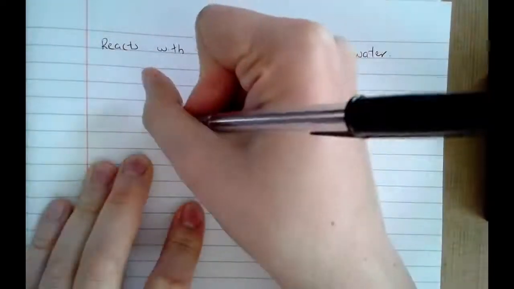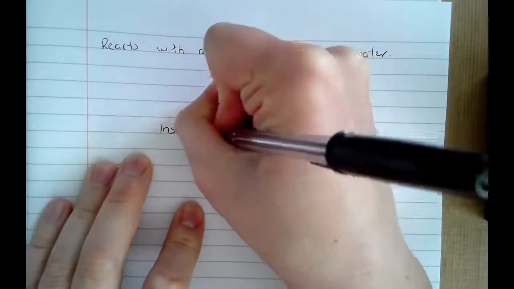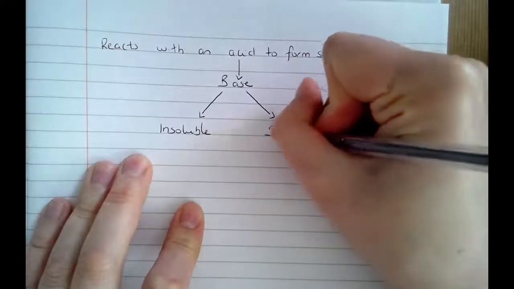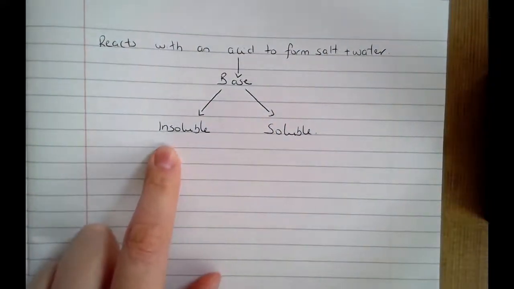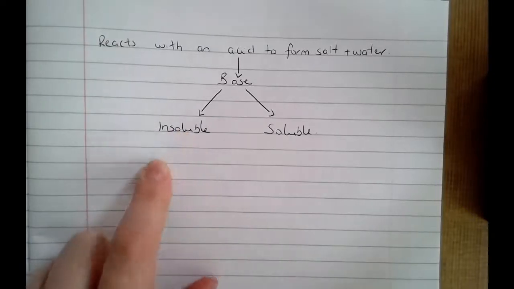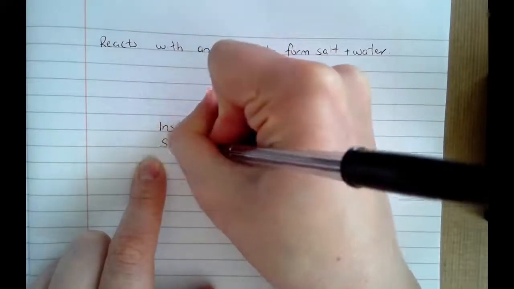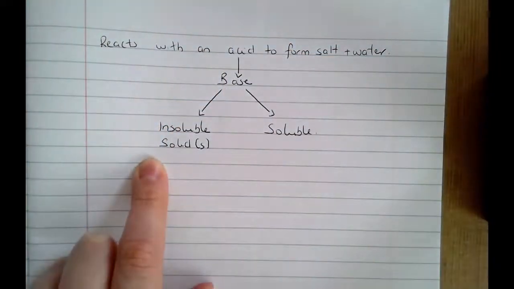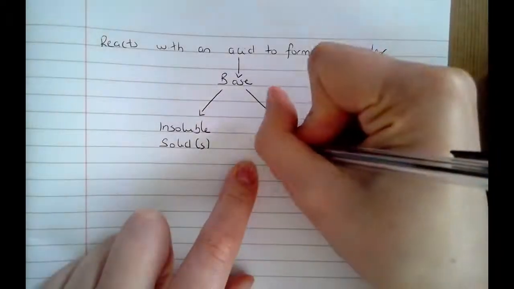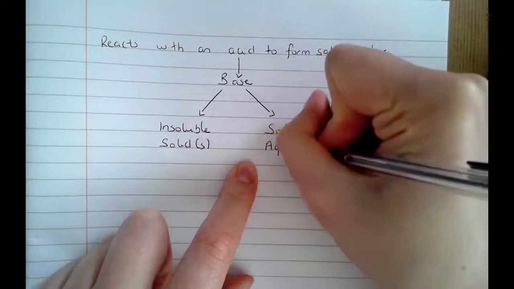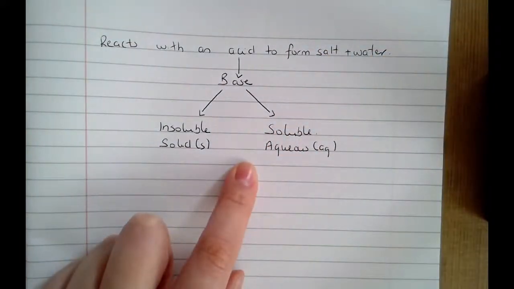We've got bases that are insoluble in water, and we've got bases that are soluble in water. If the base is insoluble in water, if it doesn't dissolve in water, then it is going to be a solid and has the state symbol S. If the base is soluble in water, then it is going to be aqueous and it's got the state symbol AQ.